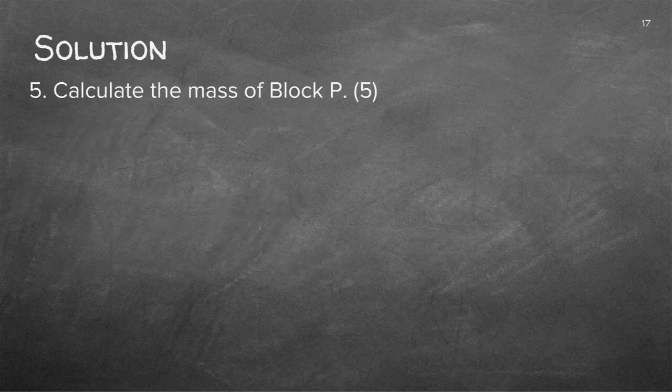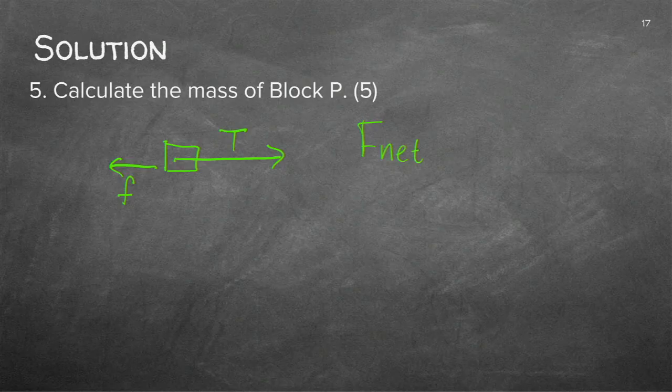Finally, let's calculate the mass of block P. The mass of block P will be that block there, which we just had. It's moving that way. So we've got T that way and we've got F that way. So we can say F net is equal to ma. Which one is greater? T is greater than that one.